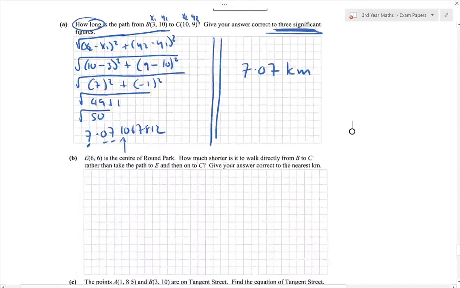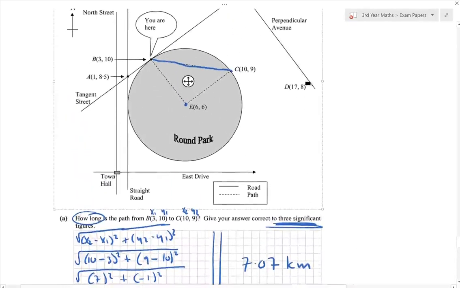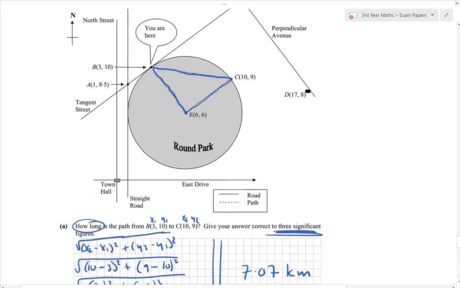Okay. So take the path to E and then on to C. Okay. So if you were going from here to here and here to here, you have to use your distance formula to find the distance from here to here. Then you use your distance formula to find the distance from here to here and compare the two distances.